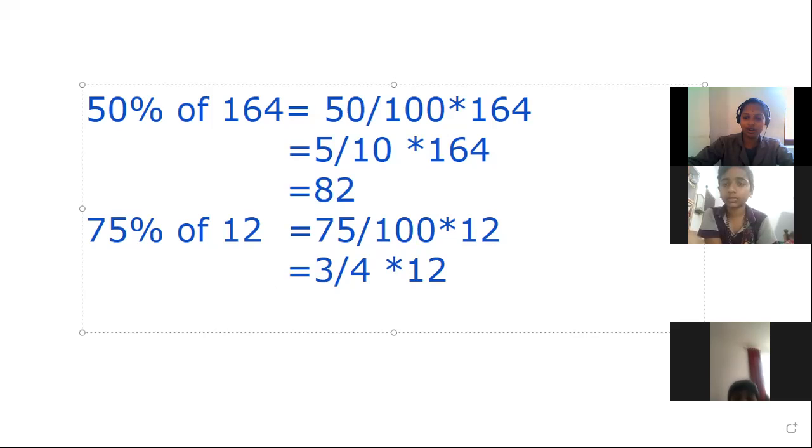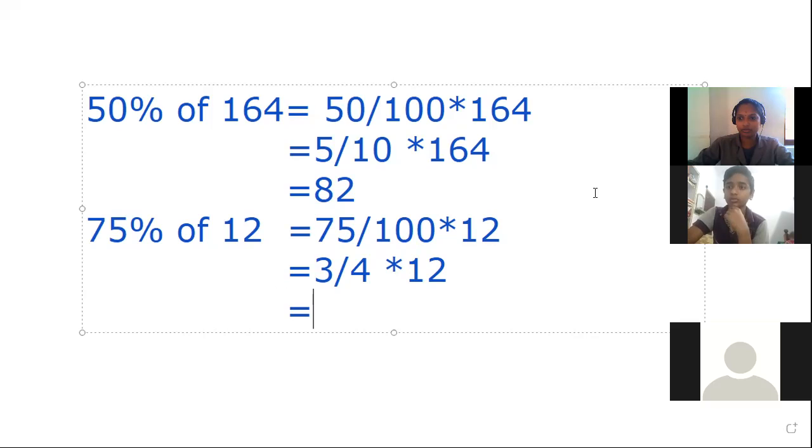How much is 3 into 12? 36. 36 divided by 4 is equal to 9 itself. So 75% of 12 is 9 itself.